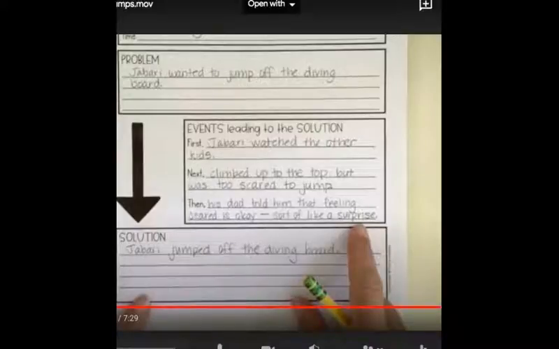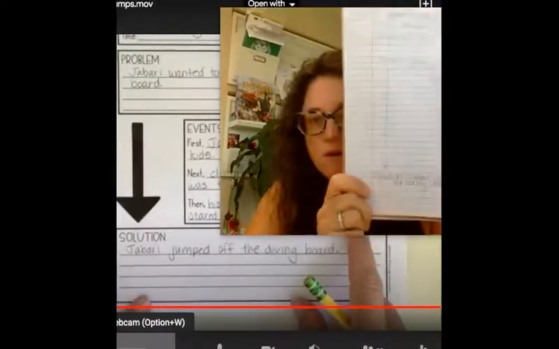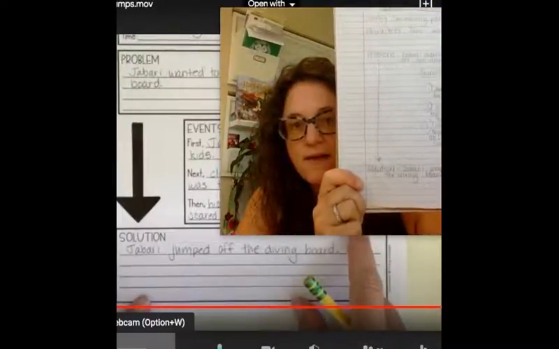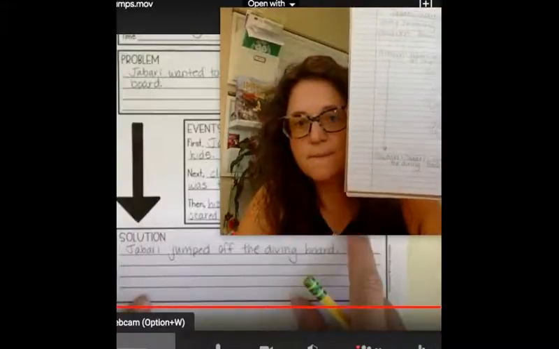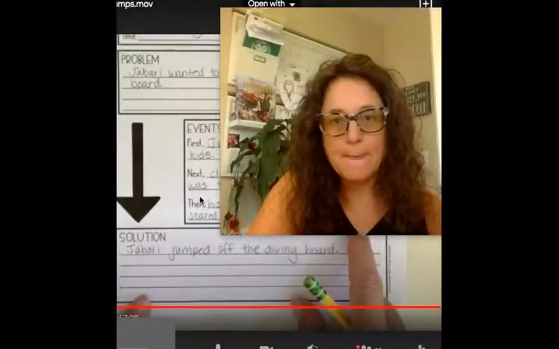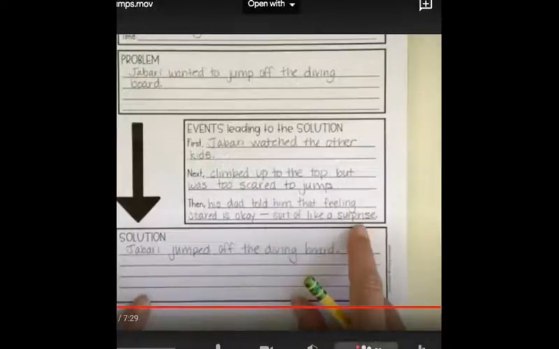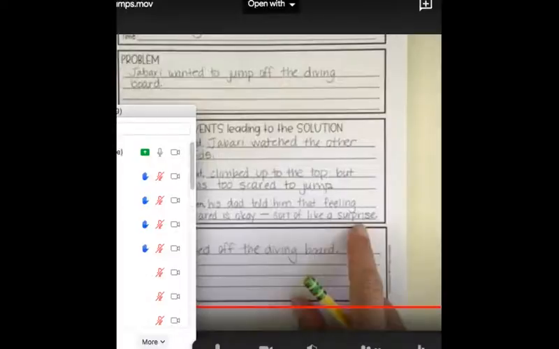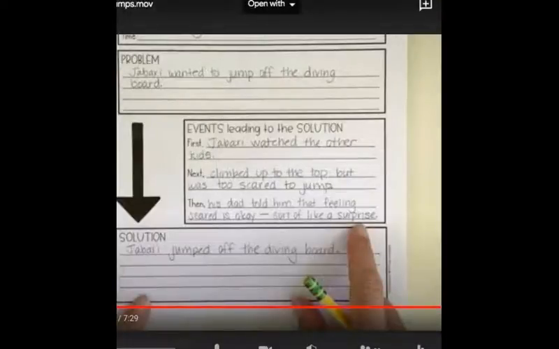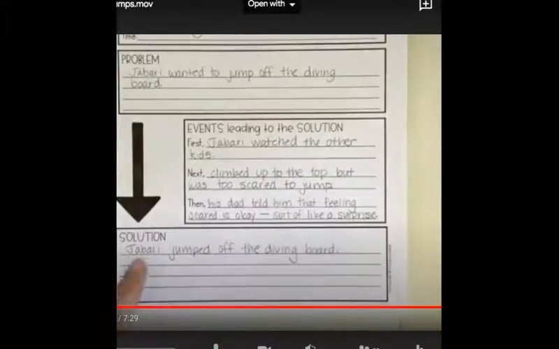So I wrote, his dad told him that feeling scared is okay, sort of like a surprise. Okay, and that's what I put for my event number 3. That helped Jabari have the courage to jump off the diving board.